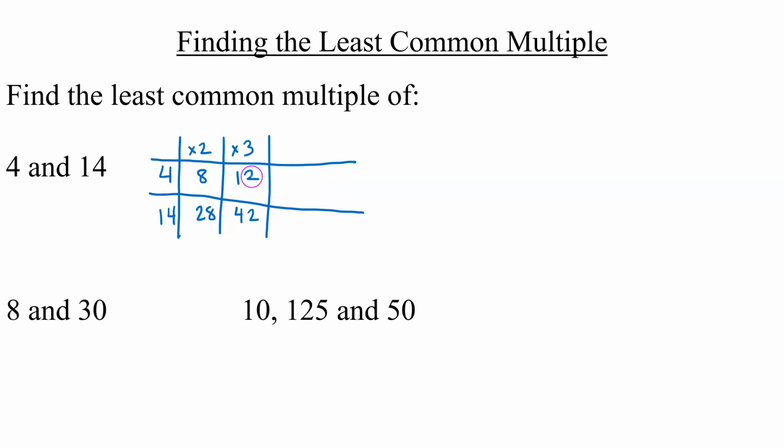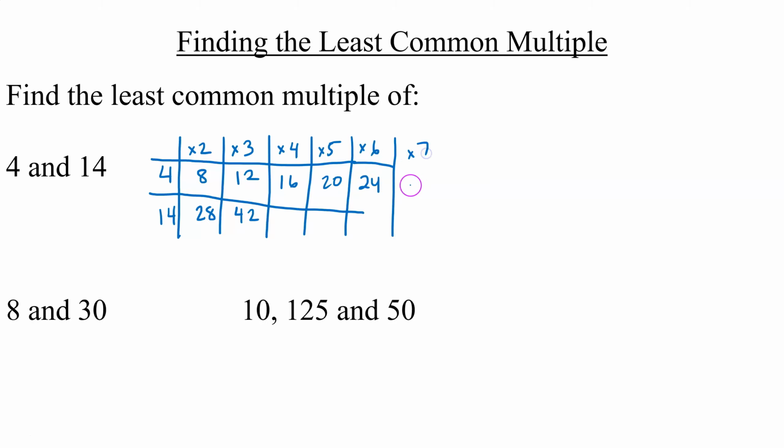Our goal is to find a number in this row that is the same as a number in this row. Now, since this number here is already so much bigger than this one, I'm going to continue the table just by finding multiples of 4. 4 times 4 is 16. 4 times 5 is 20. 4 times 6 is 24.